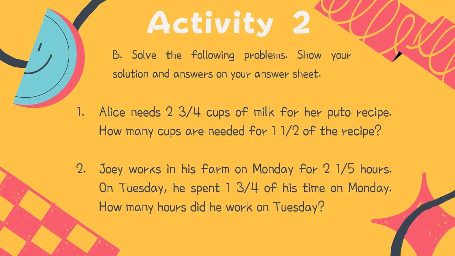On Tuesday, he spent 1 3/4 of his time on Monday. How many hours did he work on Tuesday? Don't forget to show your solution and answers in your notebook.